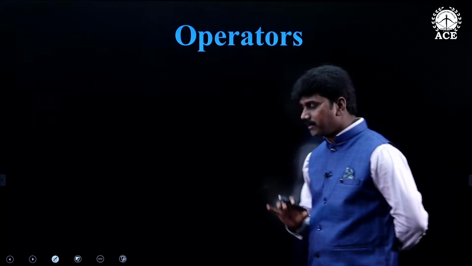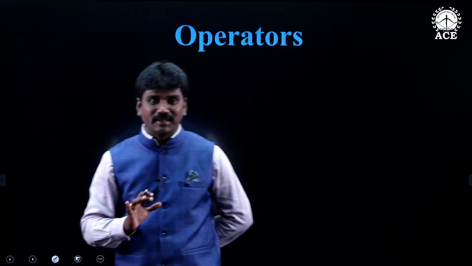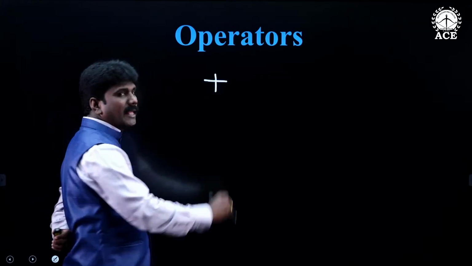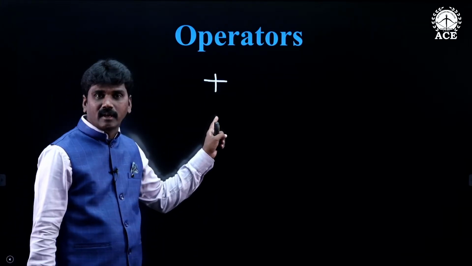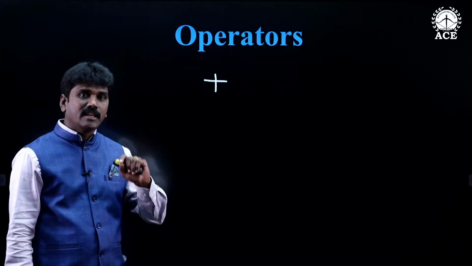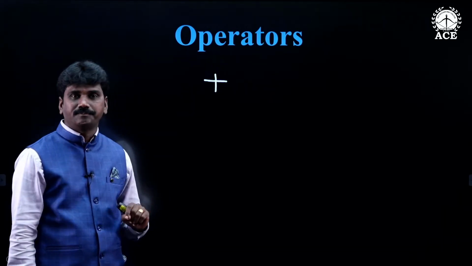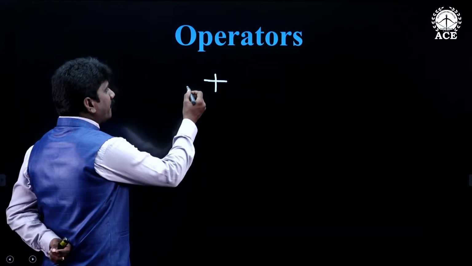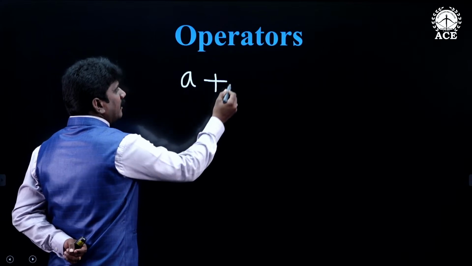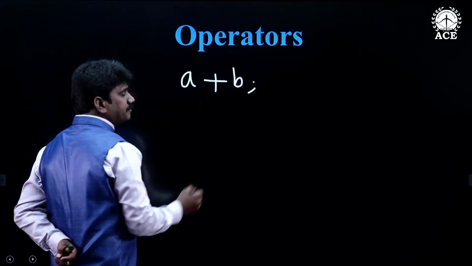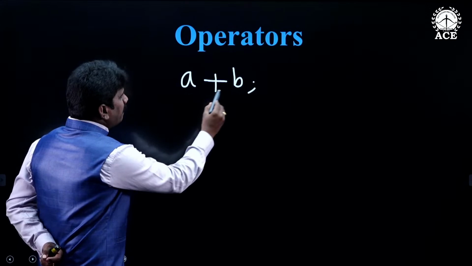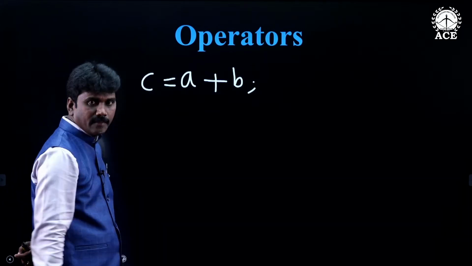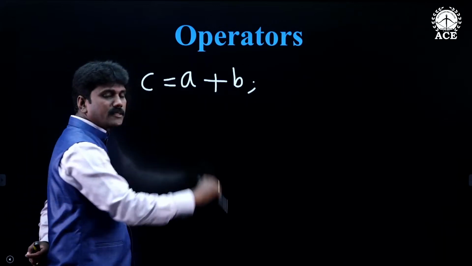Let us see an example for better understanding of the definition. Suppose I have taken one operator, plus. Is it a symbol? Yes, it is a symbol, or we can even say a token. If we would like to perform an operation like A plus B and store the result in another variable C, I write C is equal to A plus B semicolon.